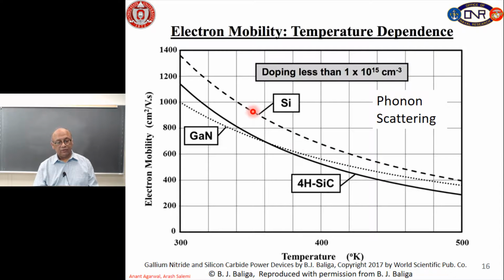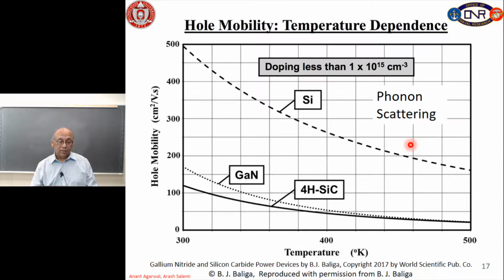So here we have shown you the behavior of electron mobility for an n-type doping case of 10 to the 15 or less, and you can see that the electron mobility reduces for all three semiconductors, and the same thing for holes. Due to the phonon scattering, the mobility is reducing with temperature.